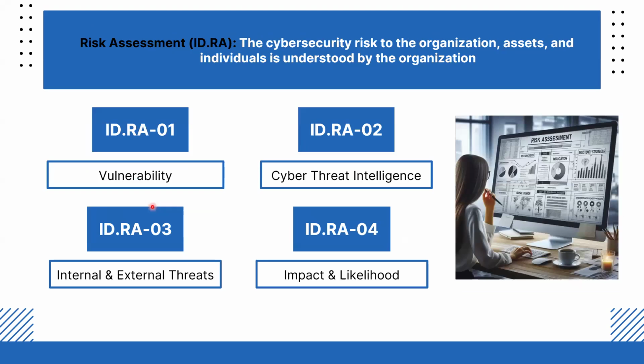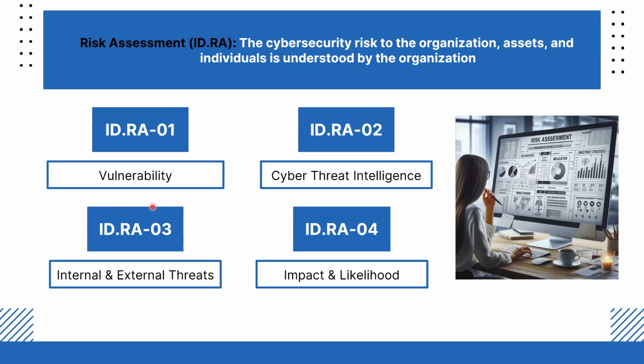Next, we have the risk assessment. So here we understand how the risk assessment should actually be conducted in the organization. So risk has two components. One is a vulnerability and the other component is a threat. So vulnerabilities are the gaps or the defects or the loopholes within the assets or a process.